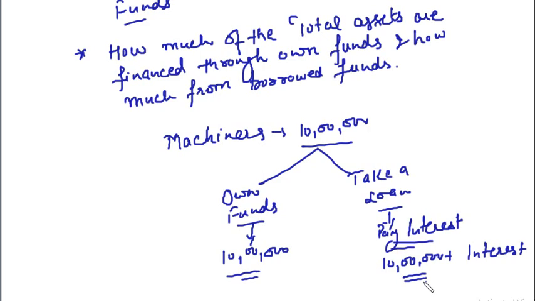If the business has not earned sufficient profits, the business will borrow money from outside and invest in the asset, right? So it is important for the business to identify how much of the total assets have been financed through own funds, proprietors funds, and how much from borrowed funds. Clear?